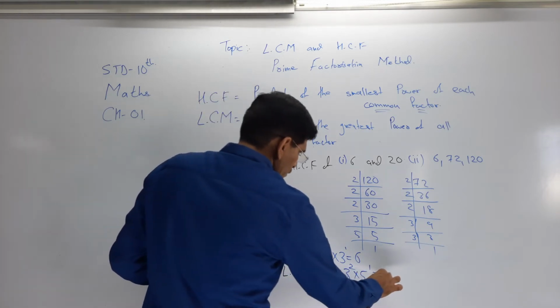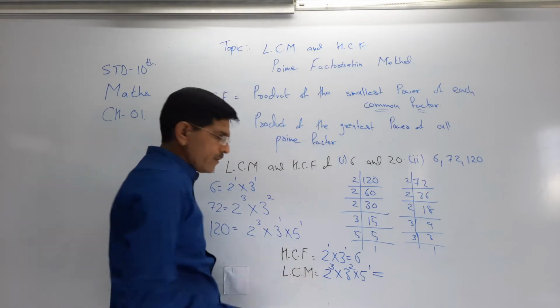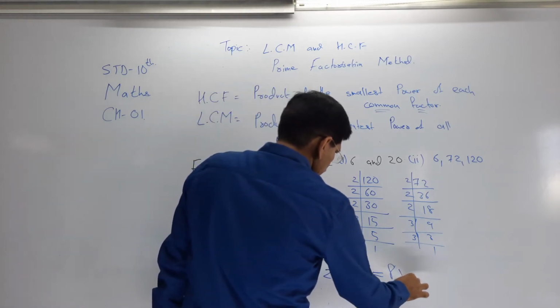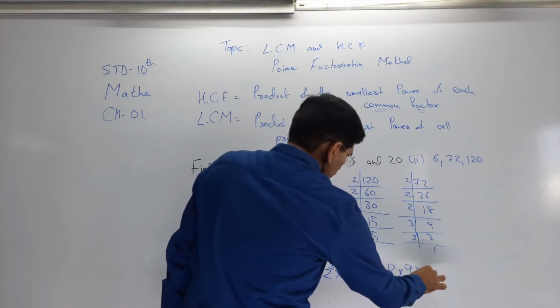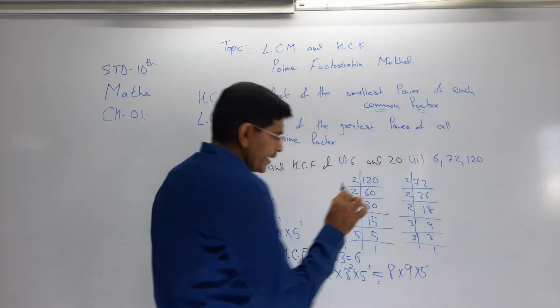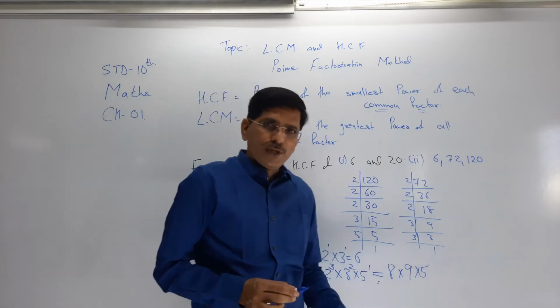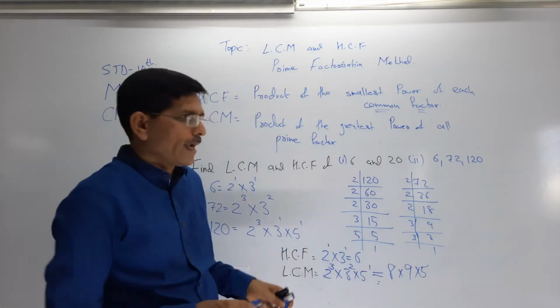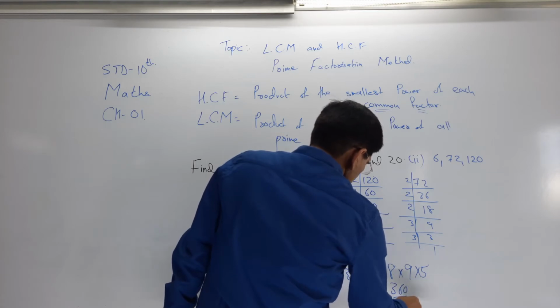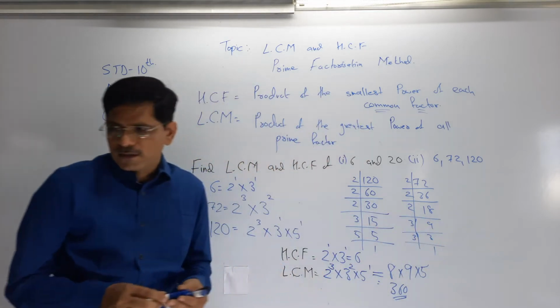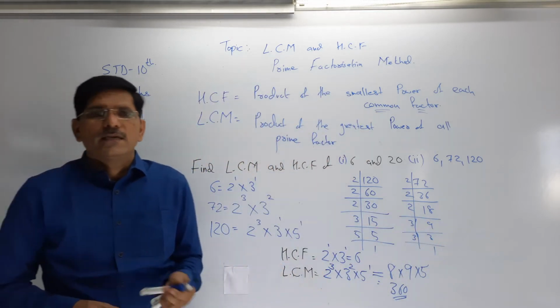So 2 cubed is 8, 3 squared is 9, and 5. 8 times 5 is 40, and 40 times 9 is 360. So 360 is the correct answer.